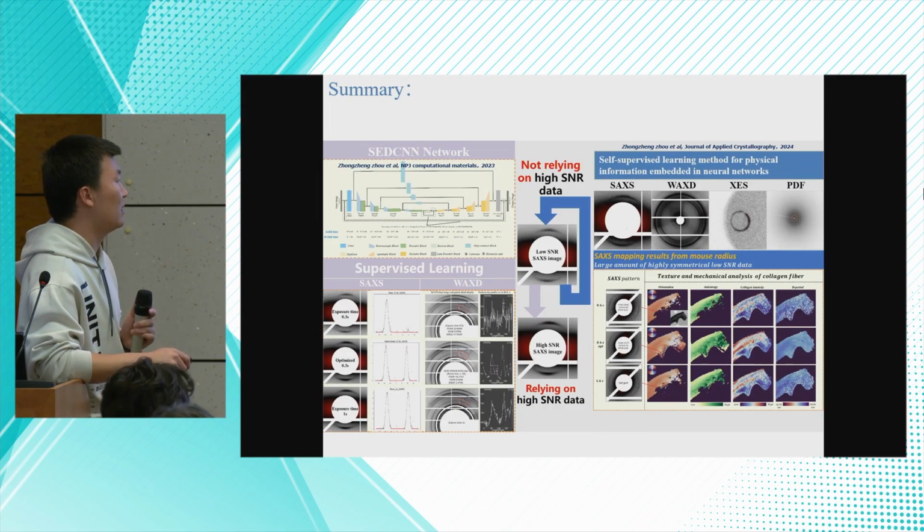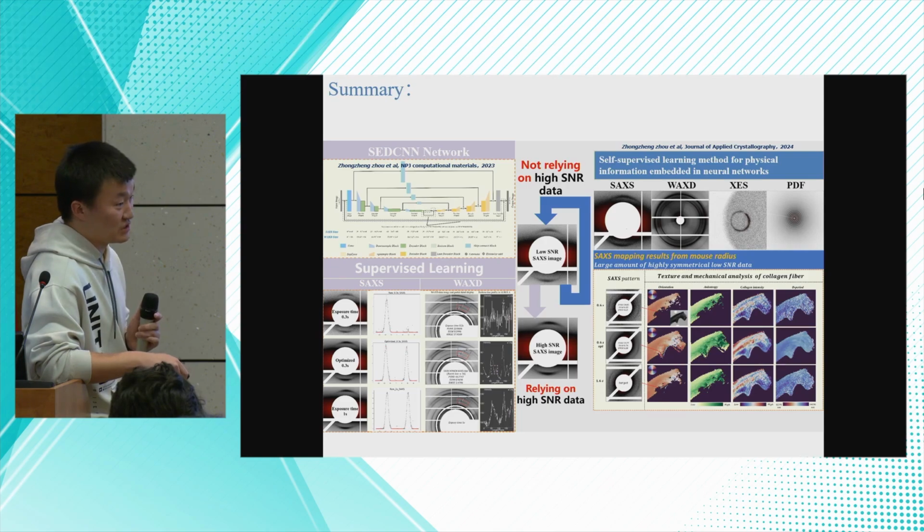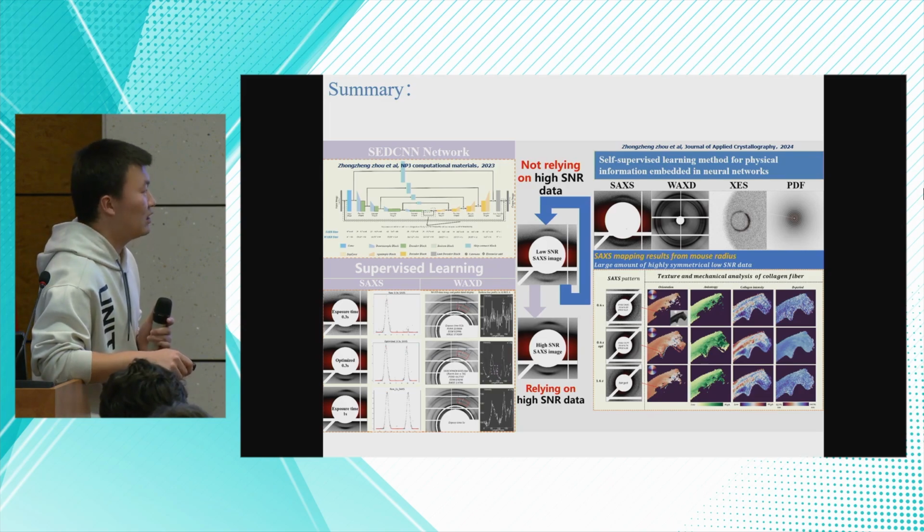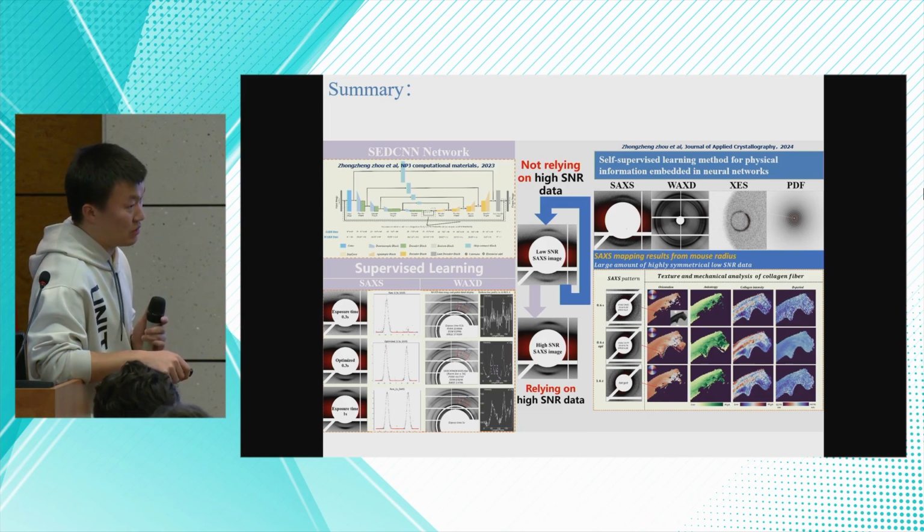For the supervised approach, we rely on high SNR data, meaning we need data with a longer exposure time. But for the SMAE algorithm, we do not rely on high SNR data. We only rely on your symmetry. If your data has symmetry, we can do the denoising itself, and it can get a result even better than extending your exposure time.